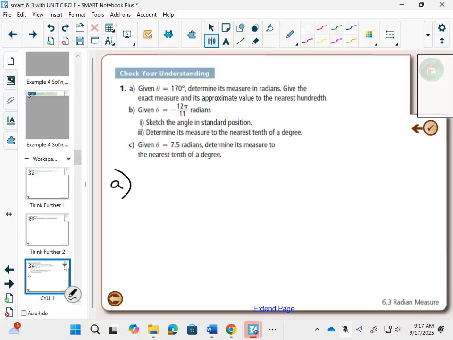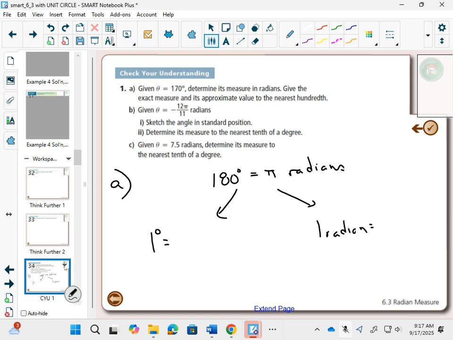The basic technique starts off with the fact that you know 180 degrees is equal to pi radians. From this, you could either figure out what 1 degree is, or you could figure out what 1 radian is. If I wanted to find 1 radian, you see that I'd have to divide both sides by pi.